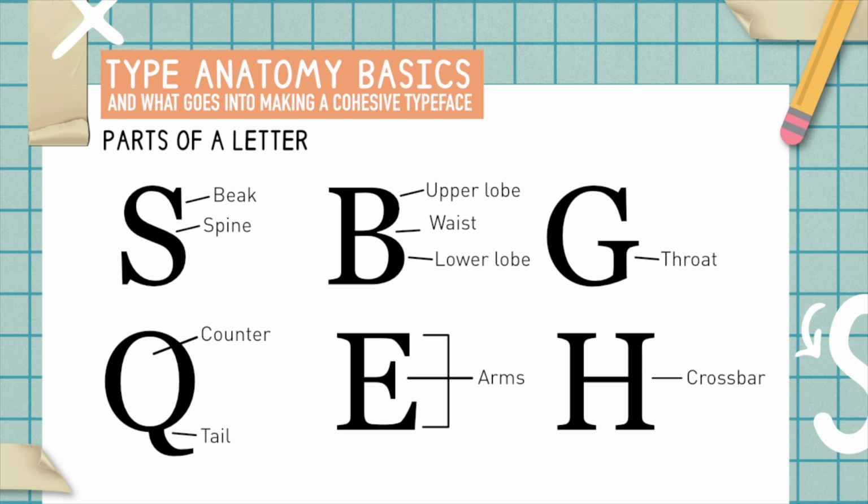And then if we look at the G here, this is called the throat. If we look at our Q, we have the counter, which is that center space, and then the tail. And then if we look at the letter E, it's similar with the letter F as well. The little elements coming out of the side of the letter are arms. And then the center element to create the H is called the crossbar.